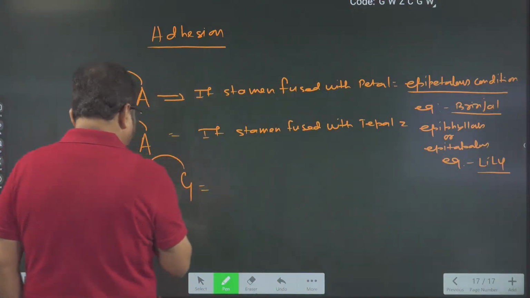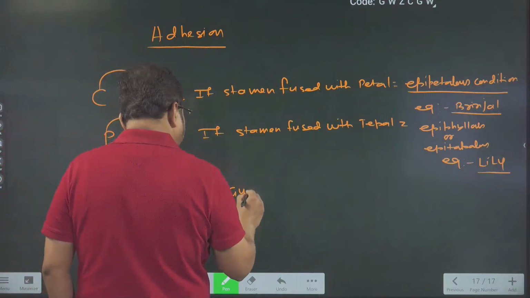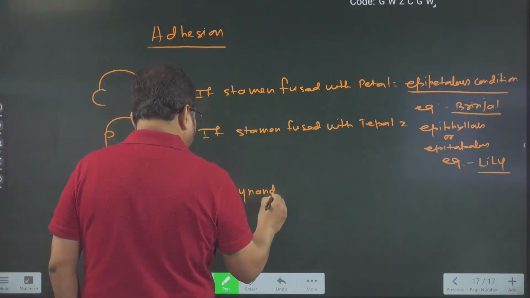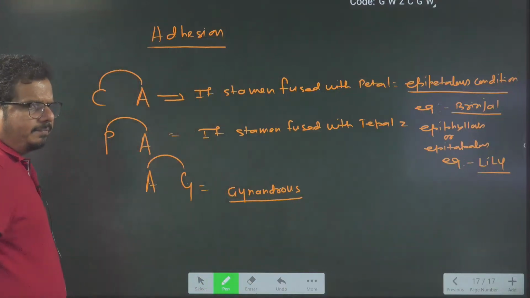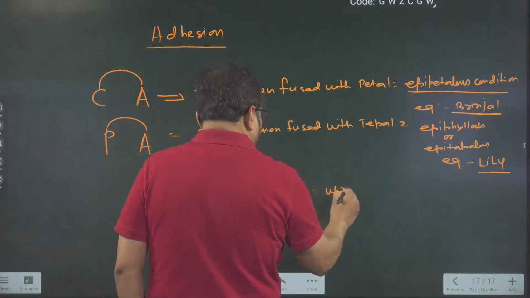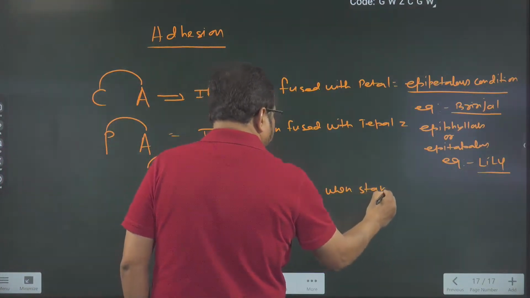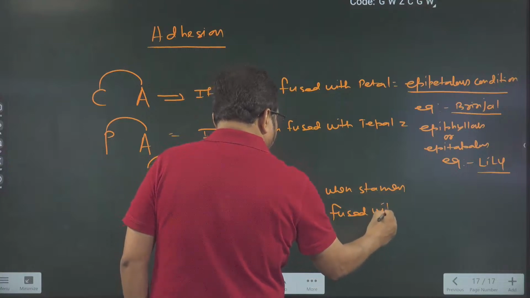Now, when stamen fuses with carpel, it is called gynandrous. This terminology is not in NCERT, not even in the lab manual, so you can ignore it. Gynandrous, when a stamen is fused with carpel.